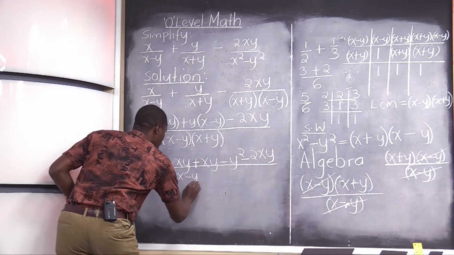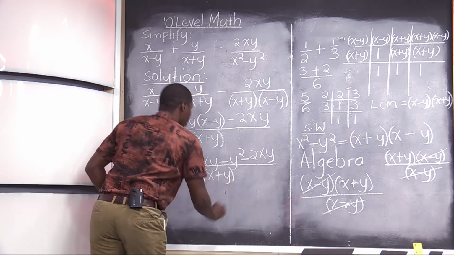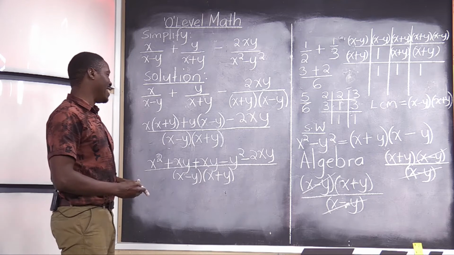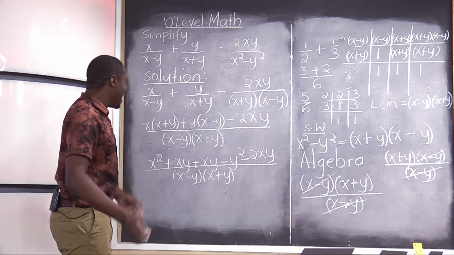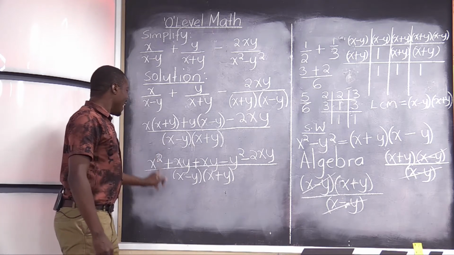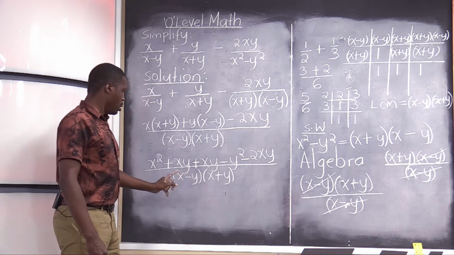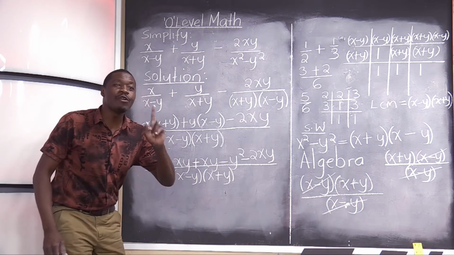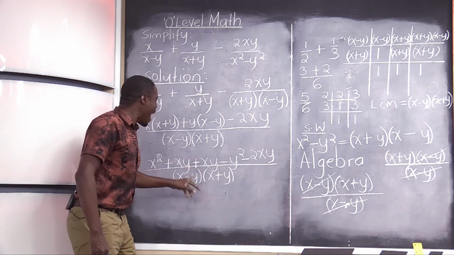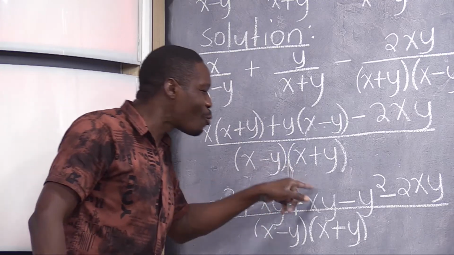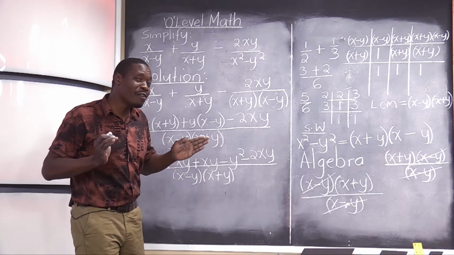x minus y into x plus y. Very good. Well, we are trying. We are not very far from the answer now. Remember, x squared plus xy plus xy. Now you realize there is an xy plus another xy. Those are almost the same, from the same family.